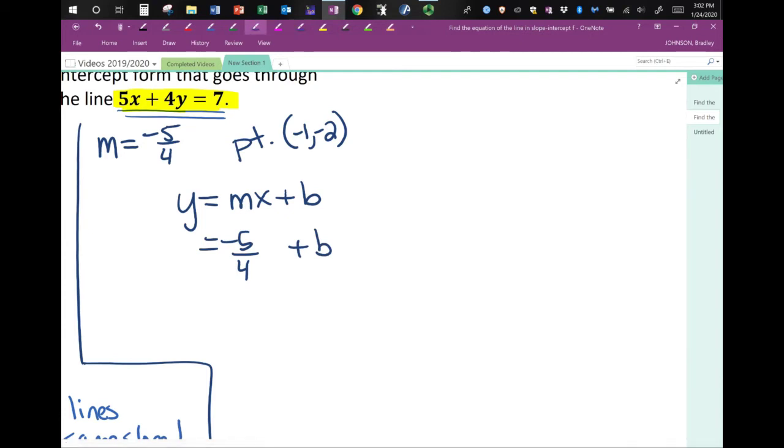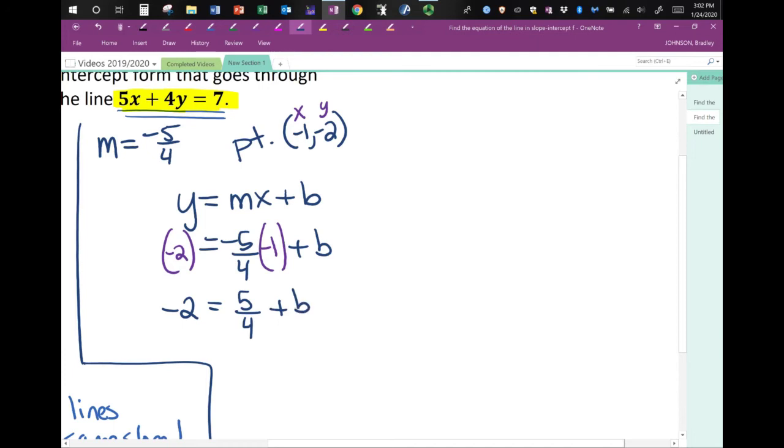But you can imagine we have an x and a y given to us, right? I am going to place the x, -1, in place of x, and I'll place -2 in place of y. Let's just rewrite that. Left-hand side, -2. Going to the right-hand side, a negative times a negative would make a positive 5/4, and then you have plus b.